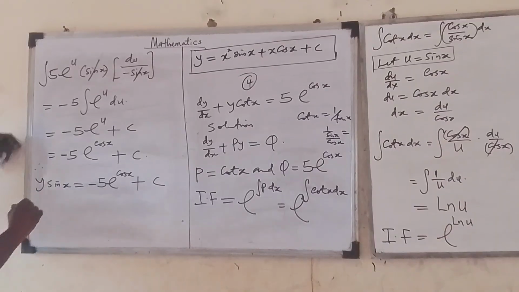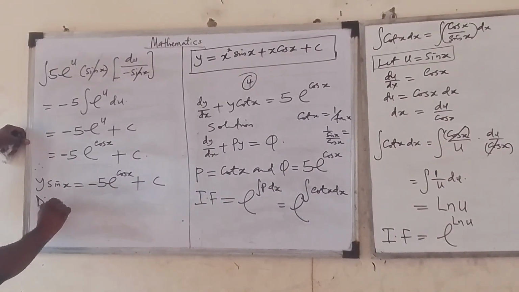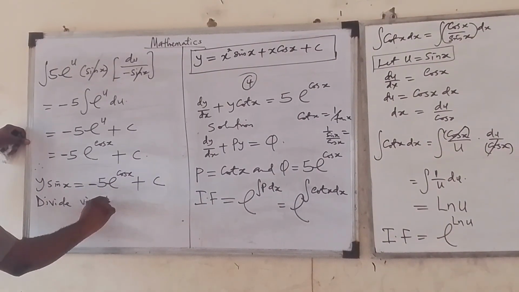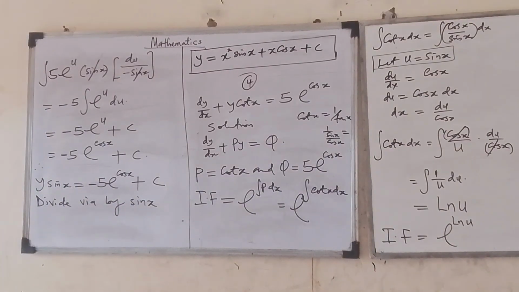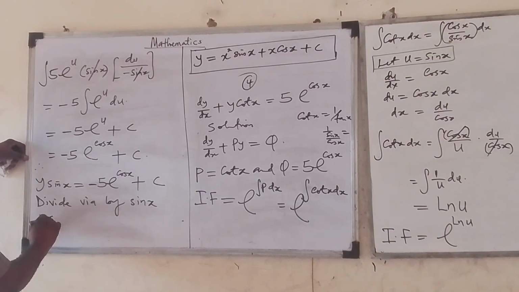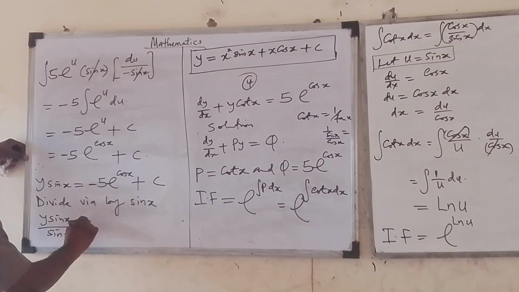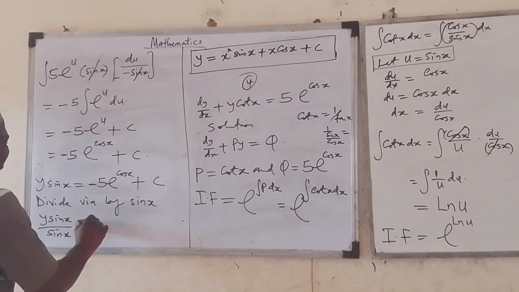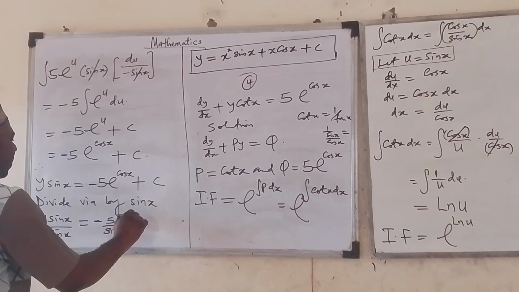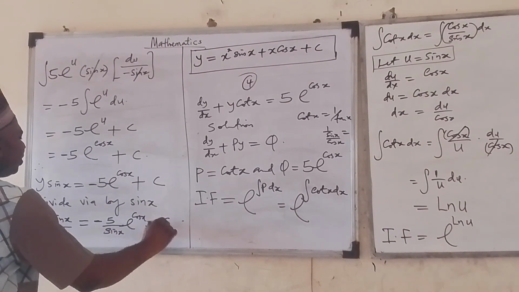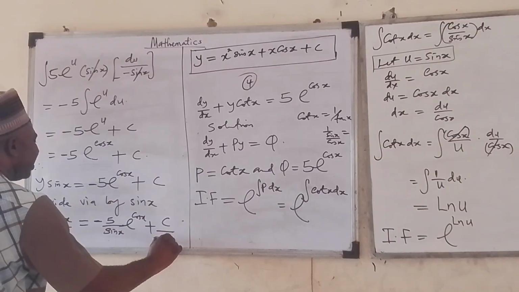So at this point, let's divide through by sine x, that is the coefficient of y. So at the left hand side, we have y sine x all over sine x, which is equal to minus 5 all over sine x, e raised to the power of cos x, plus c all over sine x.